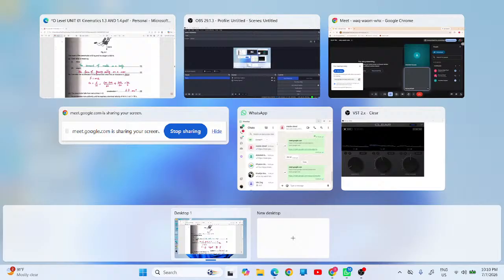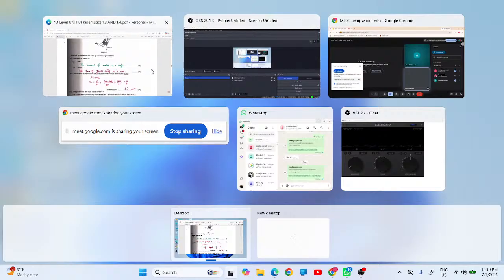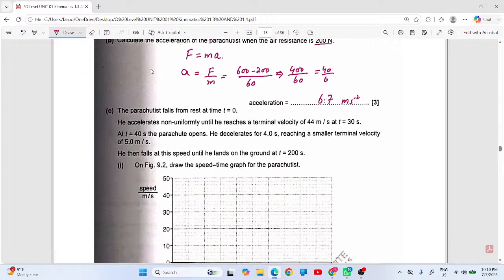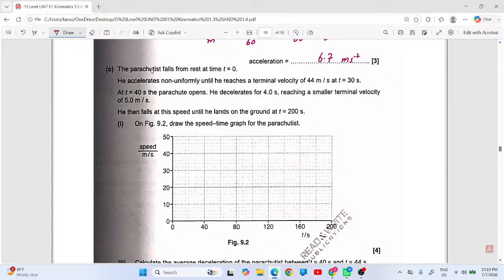Next, the parachutist falls from rest at time t equals 0. Fall from rest means the initial speed is 0. He accelerates non-uniformly until he reaches a terminal velocity.